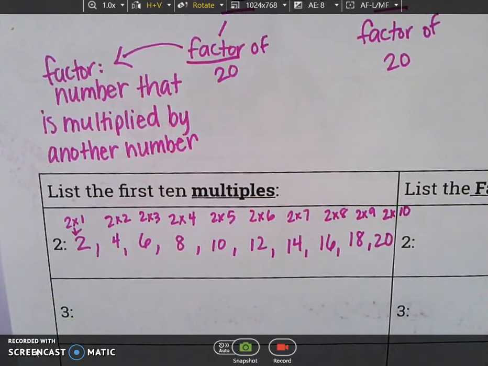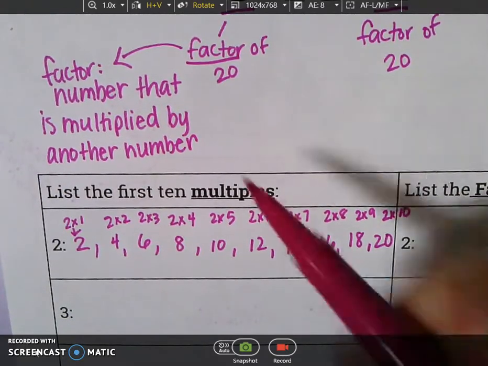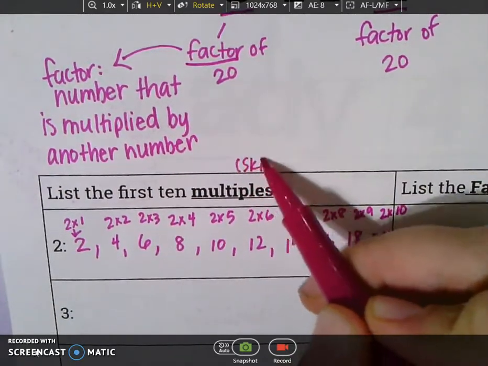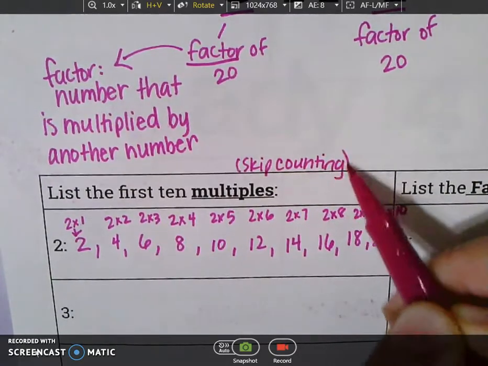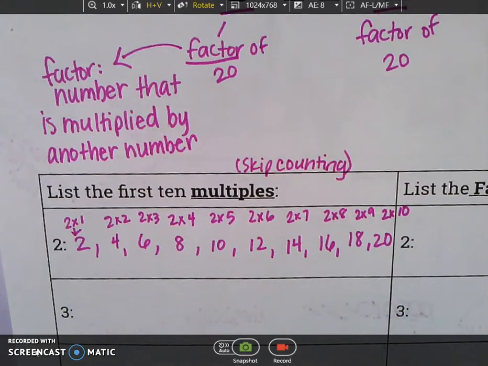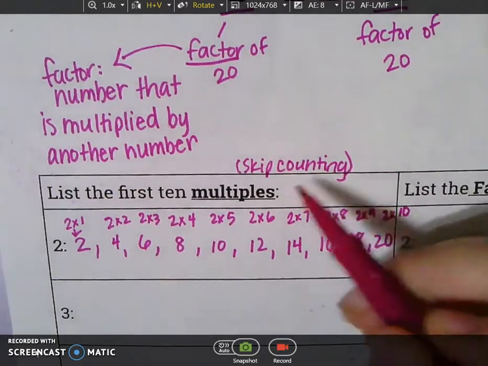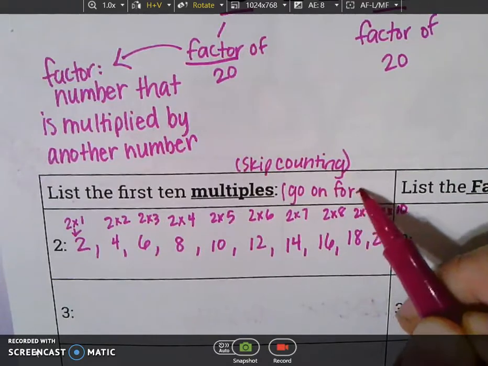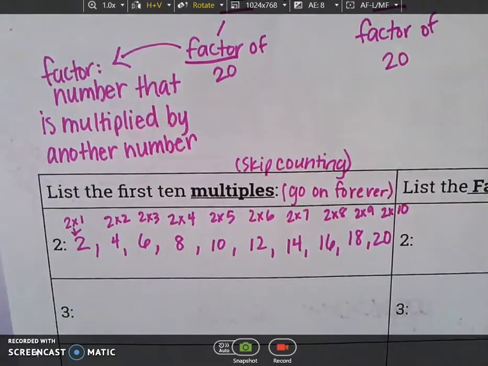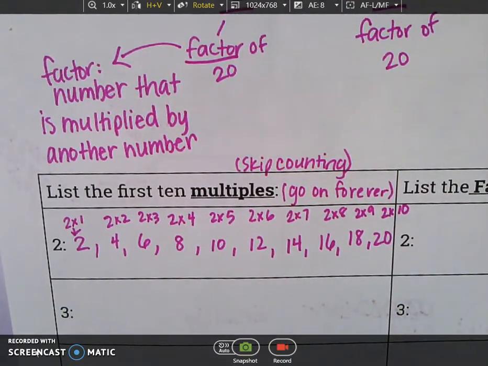Now, what I notice about multiples is it's just like skip counting. I'm just skip counting by 2's here. That's all I'm doing. Also, multiples can go on forever. There is no end to skip counting by 2's. I can go 20, 22, 24, 26, 28, all of those things.